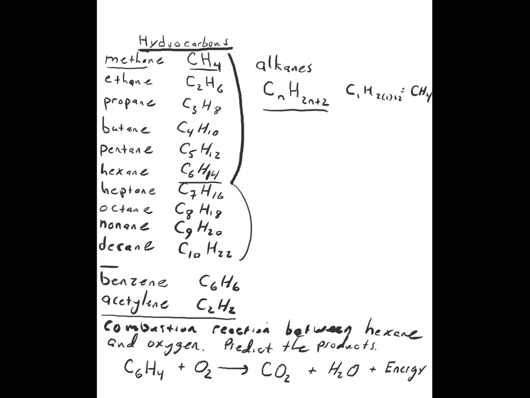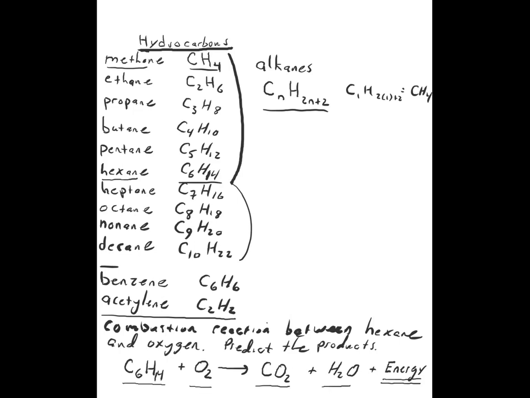So, I'm sorry, I wrote the wrong formula, C6H14, right? I said hexane, so C6H14, okay? So the formula for the hydrocarbon plus oxygen forms carbon dioxide and water. And then if you want to consider energy, you could also say that it produces energy or releases energy, okay? So that's the idea behind combustion.